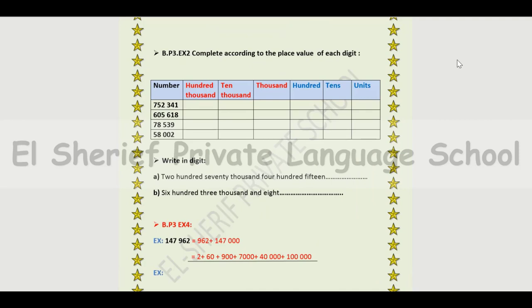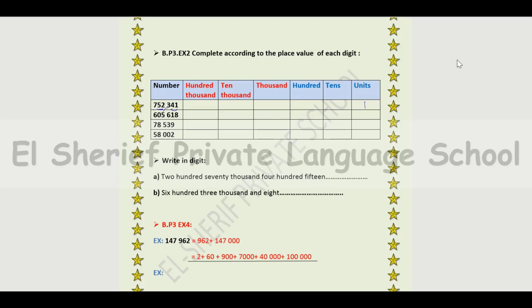Go to book page 3, exercise 2. It asks me to complete according to the place value of each digit. The first number here we have 752,341. Here we must start with units. Remember, we must start with units. So in units I have only 1, and the next digit is tens.